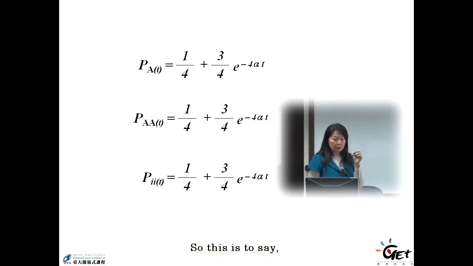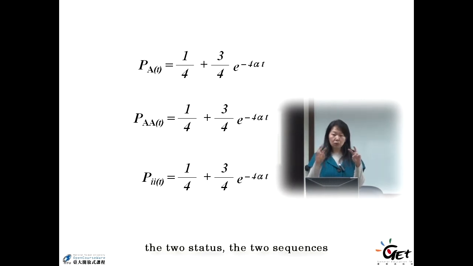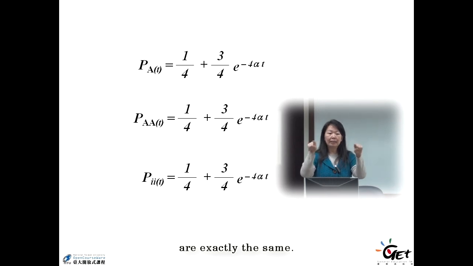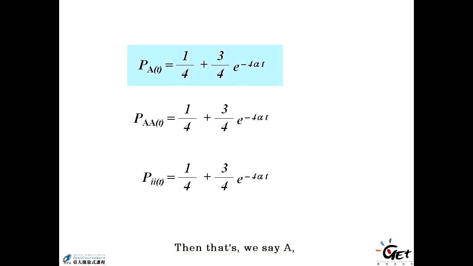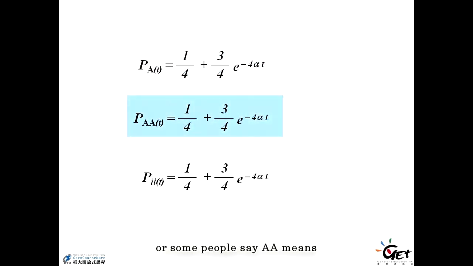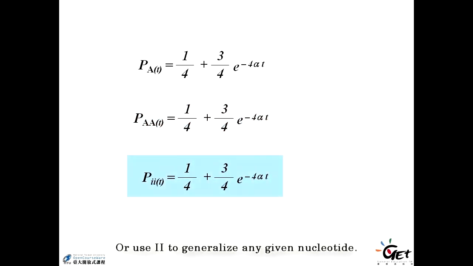So this is to say, for any given sequence, the two sequences are exactly the same. Then we say A, or some people use AA, means the two are exactly the same, both are at the A status, or use II to generalize to any given nucleotide.